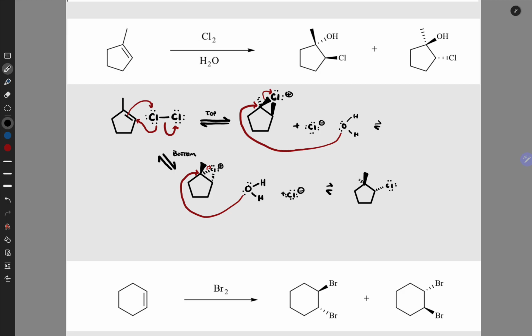And we will have attached, it'll actually push down this methyl group, my bad.